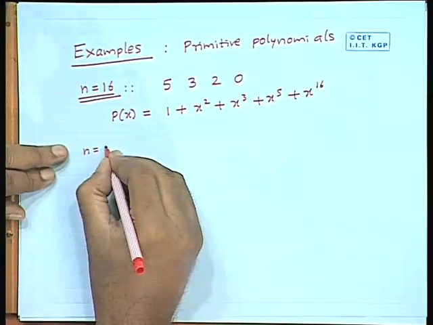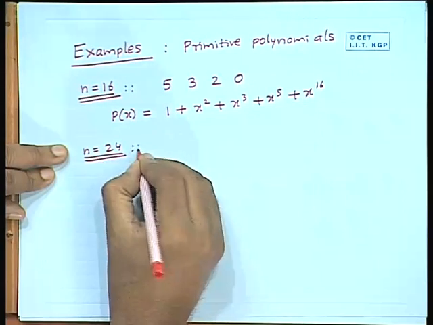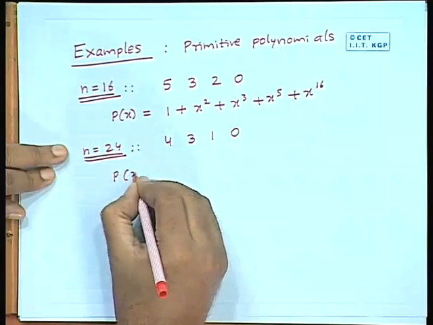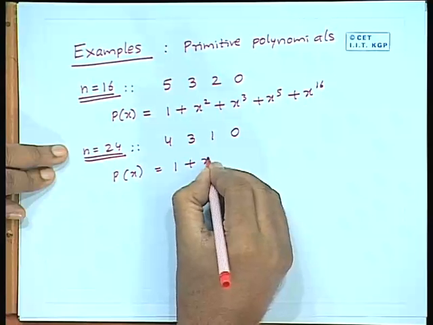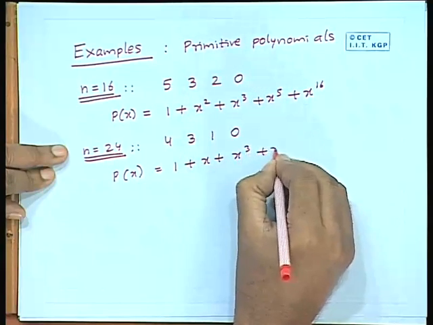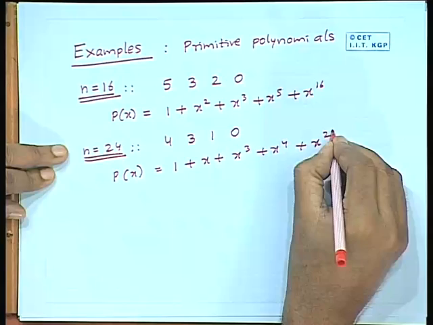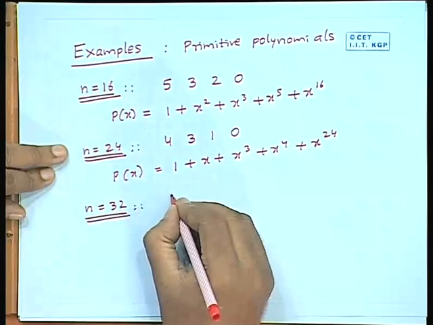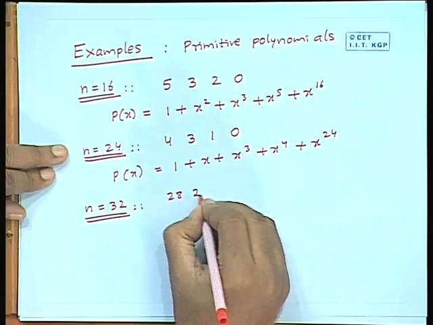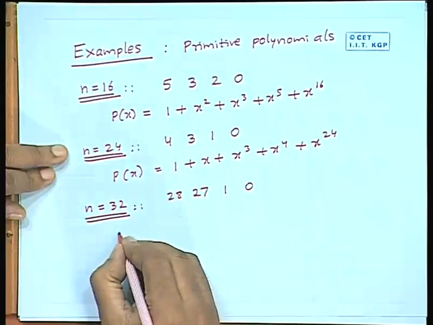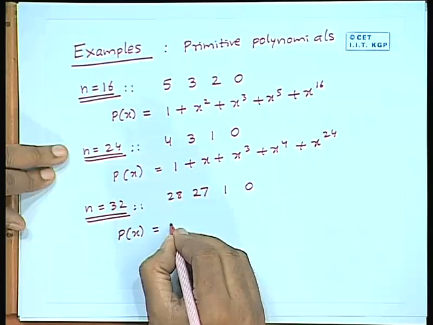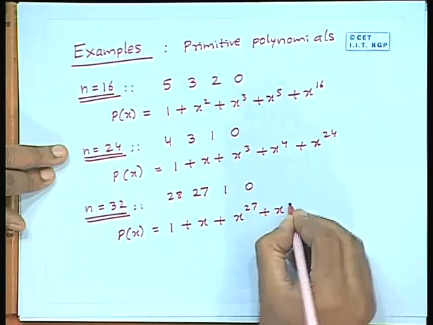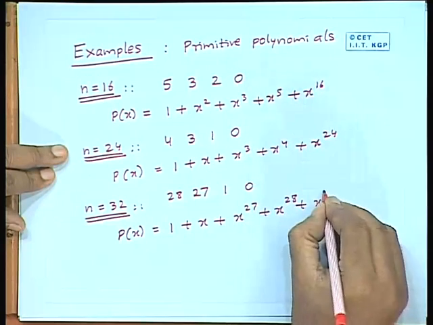You take n equal to 24 say, for 24 you will see that a polynomial like this is listed 4, 3, 1, 0, which means P(x) is 1 plus x, x cube, x4, x24. Say n equal to 32: 28, 27, 1 and 0. For this P(x) is 1 plus x to the power 27, 28 plus 32.